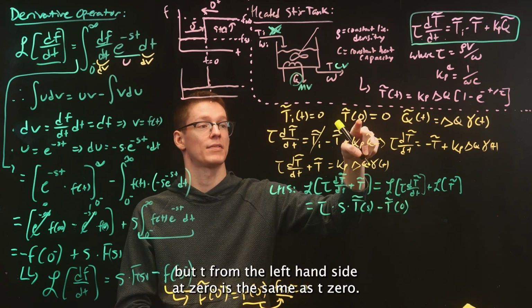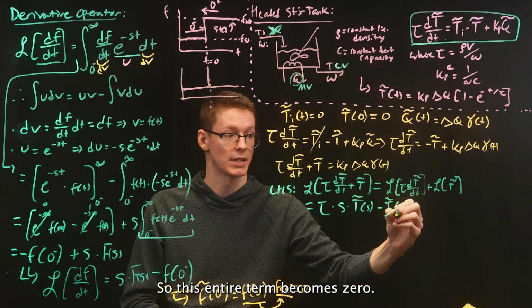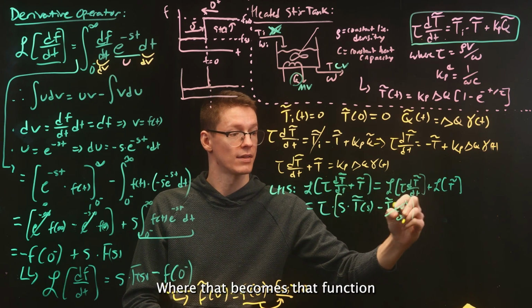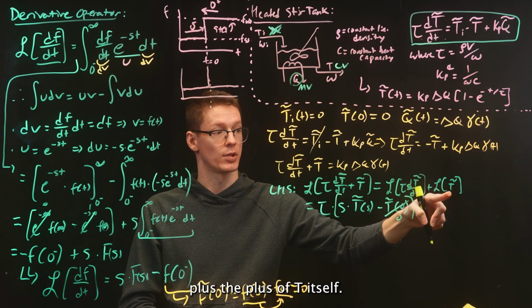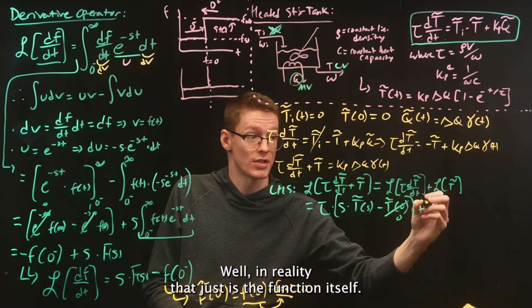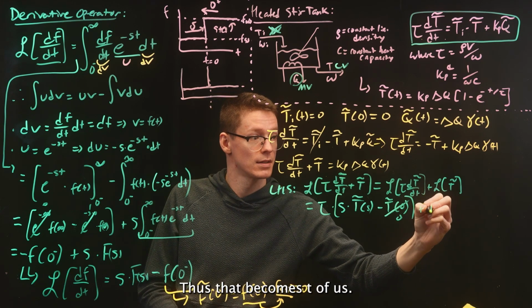But T from the left-hand side at 0 is the same as T of 0, so this entire term becomes 0. Plus the Laplace of T itself, well, in reality, that just is the function itself. Thus, that becomes T of s.